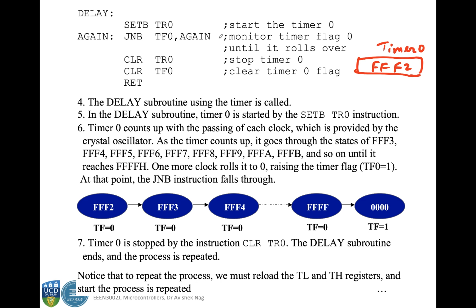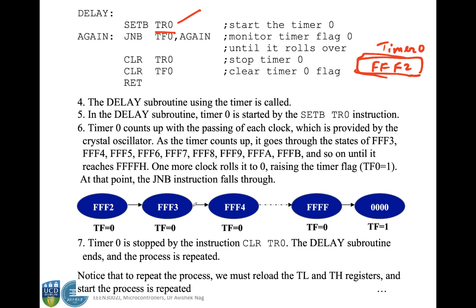Inside the delay subroutine your timer is first started. SETB TR0 means TR0 is set to 1 by this instruction, and then your timer will start counting from the initial number stored in the timer.